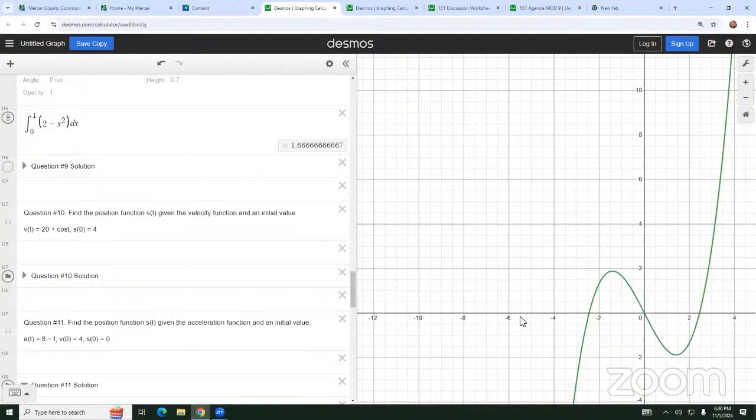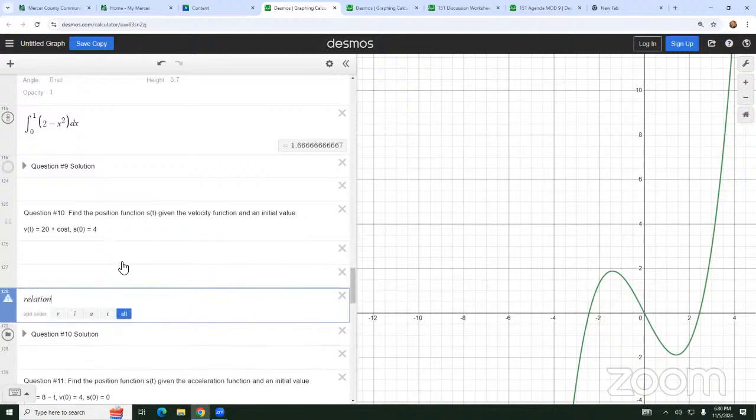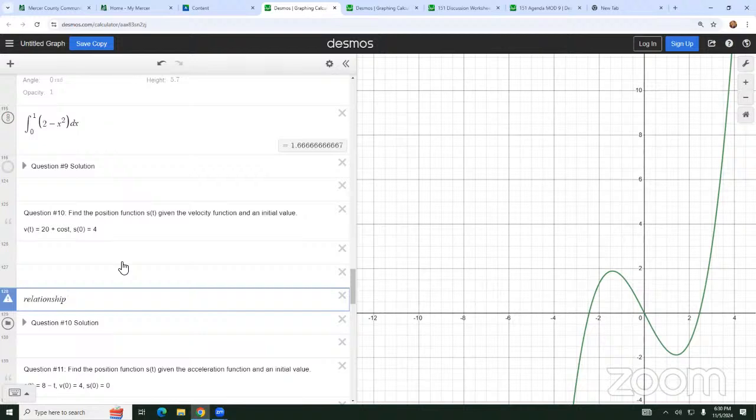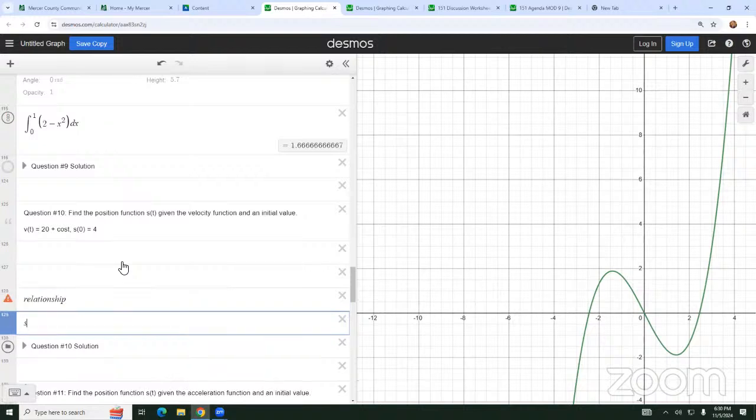Alicia. I have a question. What's the relationship between position, velocity, and acceleration? Isn't it the derivative? So if I have position, how does that relate to velocity?